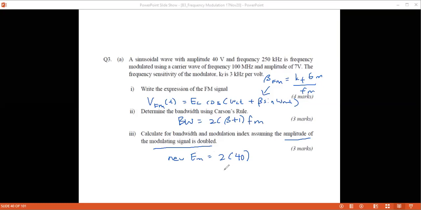So just repeat the calculation of bandwidth and modulation index using this new Em. Basically the steps should be similar. So these are the calculations for our basic concept on FM.